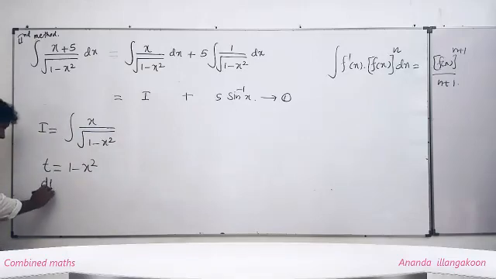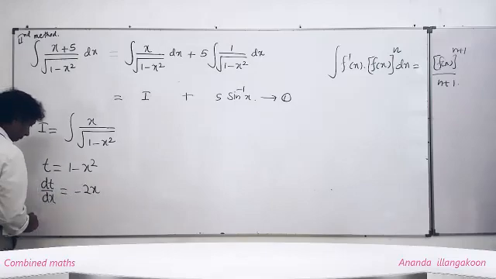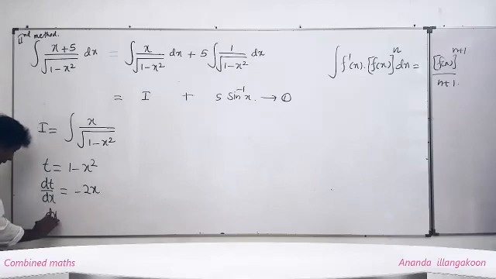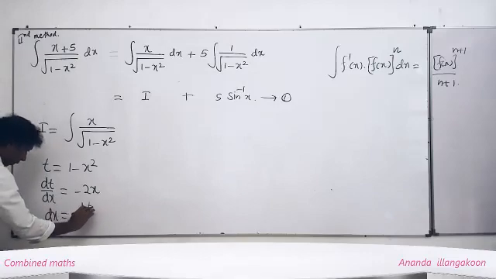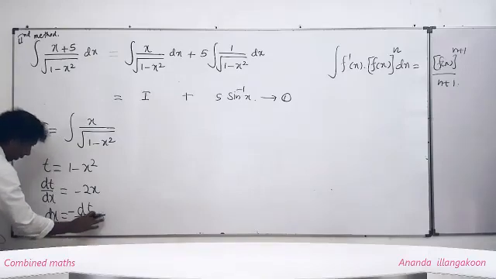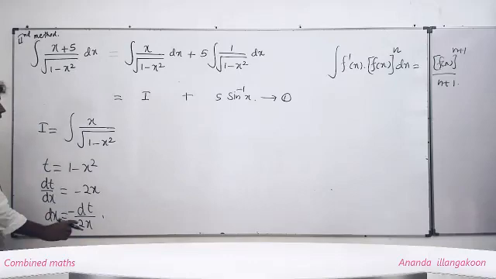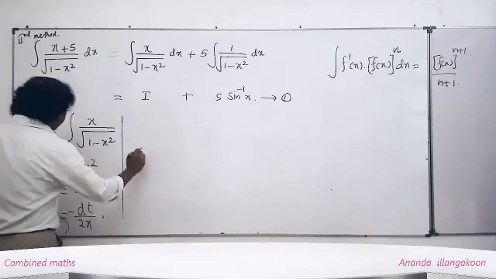Then we get dt upon dx. It is, people, minus 2x, no? Then dx is equal to dt divided by minus 2x. We get, right? Bring this side.